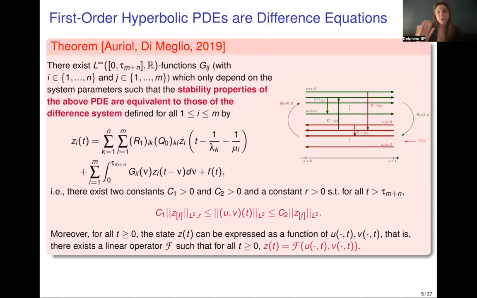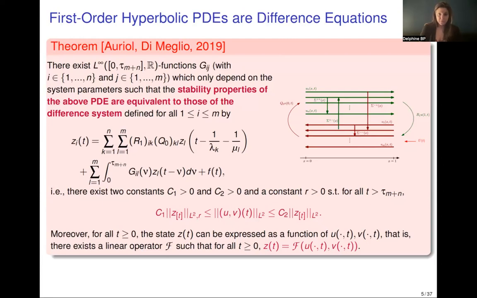So this is a bit more complex than the equation that I had before because of the distributed term, but again, this is a difference equation in the sense that it's an equation relating V at time t with past values of itself and of all the other coordinates without having a differential operator.